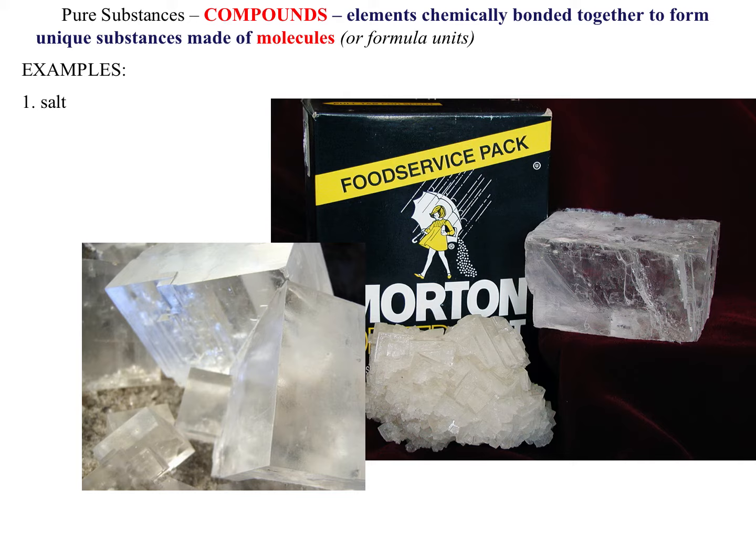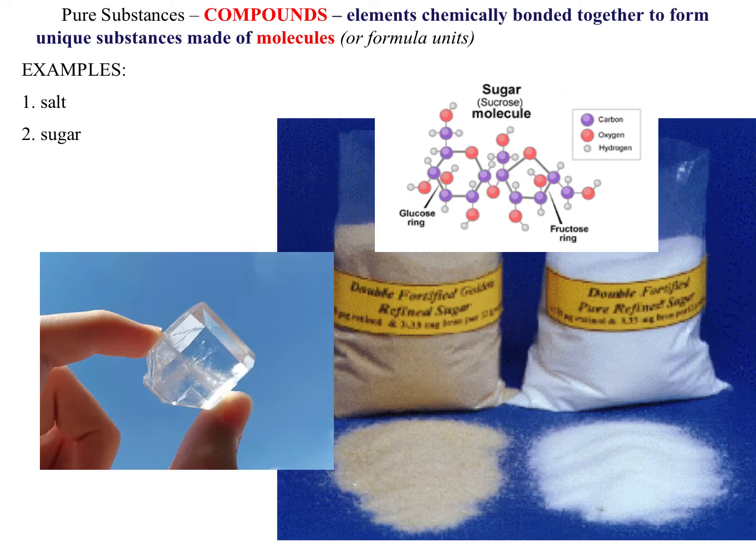So again, compounds. Salt is an example. I like this because I like to see the pretty crystals of salt. Sugar is interesting because it's formed a little bit differently than salt is, but it can also form a pretty nice looking crystal if you work with it right.